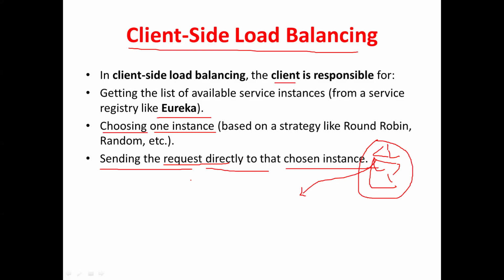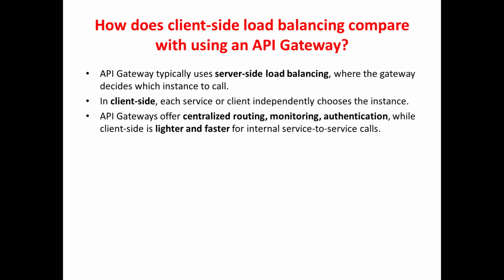Now a lot of people are confused about the API gateway. See how client side load balancing compares with the API gateway. Typically, an API gateway uses server side load balancing, where the gateway decides which instance to call. Here it is not a client microservice, it is the front end. In the gateway you can maintain your server side load balancer.